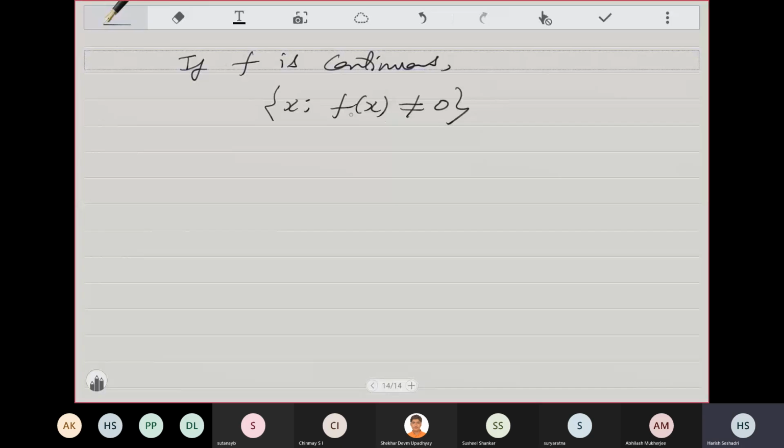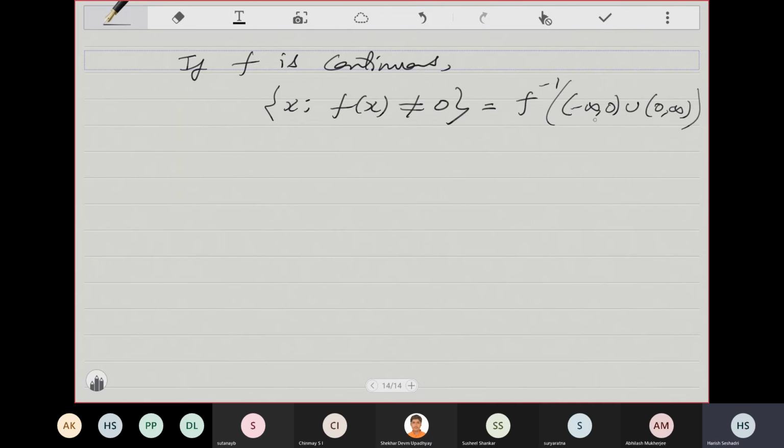Why? Just that if f of x is not equal to 0 at a point, in a small ball around that, it will not be 0 by continuity. That's it. Or you can also see that this is the inverse image of minus infinity to 0 union 0 to infinity.